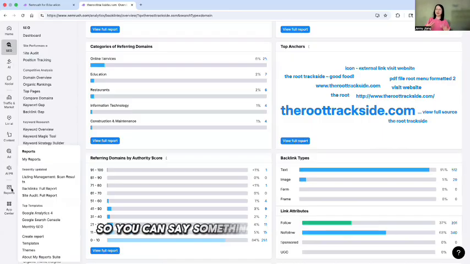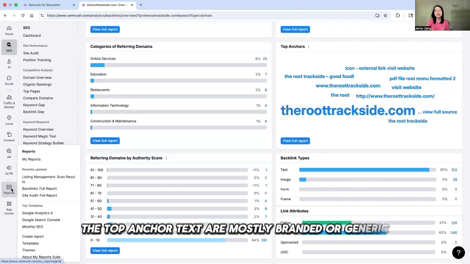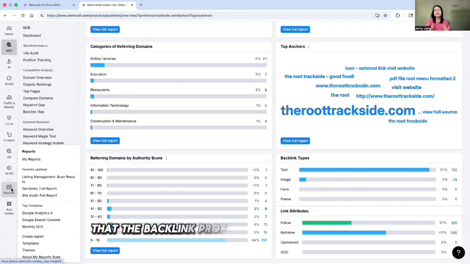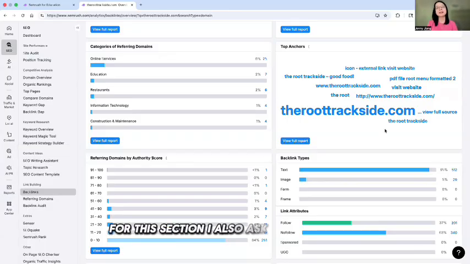So you can say something like this: the top anchor text are mostly branded or generic, which suggests that the backlink profile is more brand oriented than keyword oriented. For this section, I also ask you to provide two practical recommendations.